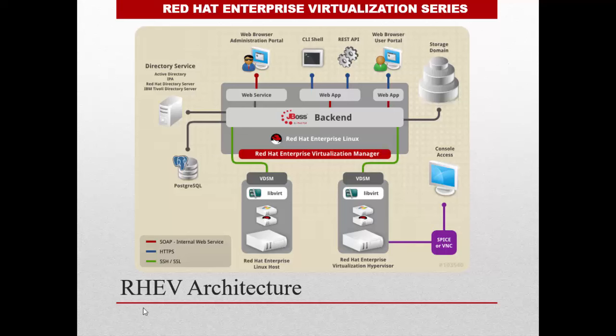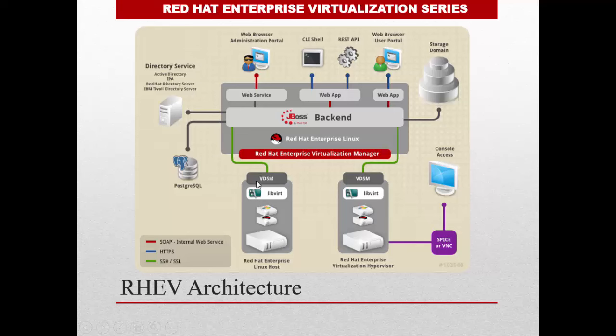And then comes the actual physical hosts. You can have two types of physical hosts. One is the bare metal virtualization hypervisor installed, or else you can transform a normal RHEL 7 host into a hypervisor, the physical host that will host your VMs.